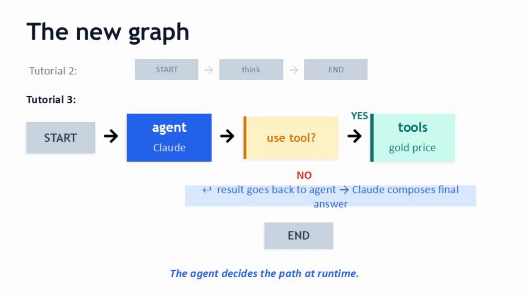The result goes back to the agent, and Claude composes a response using the live data. If no, Claude answers directly, and the graph goes straight to end. The key insight: the same graph handles both cases. The agent decides the path at runtime. This is what makes it orchestration, not just a script.